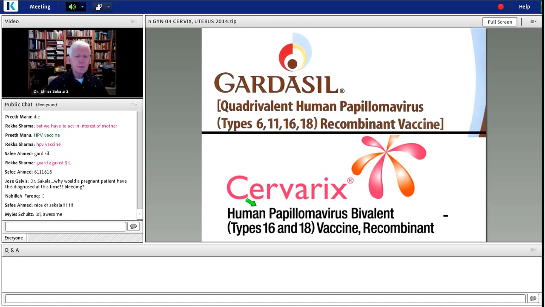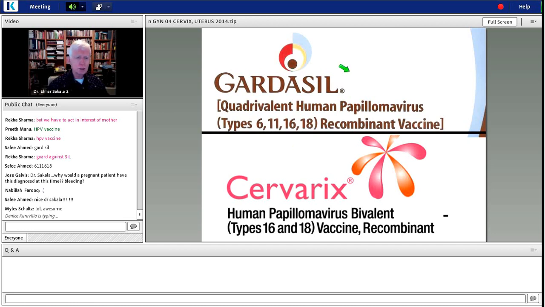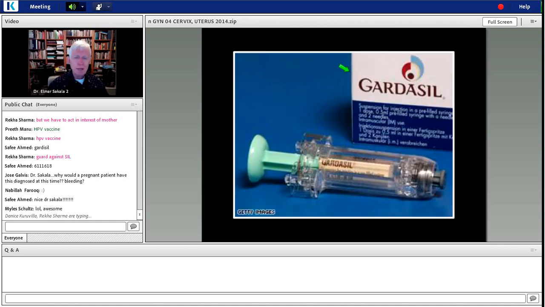Now, there is a competitor, Cervarix, which is a bivalent. It has only 16 and 18. Now, I don't know why you would choose this, which protects against only 2, rather than 4. But there've been no head-to-head studies to compare these. So how much does it cost?